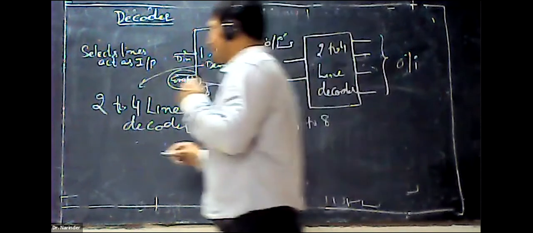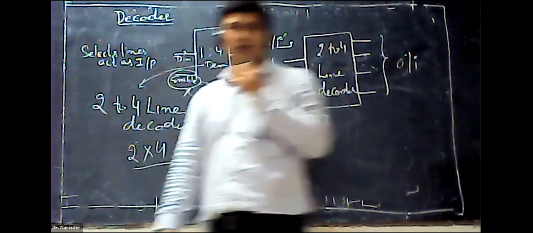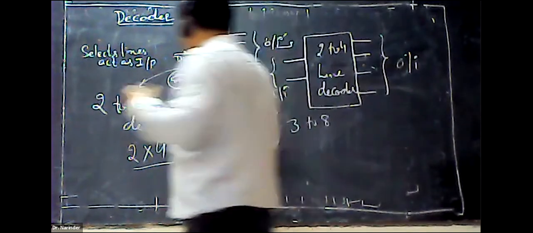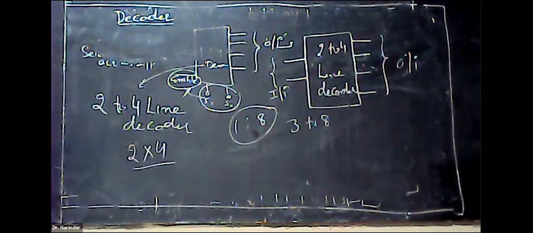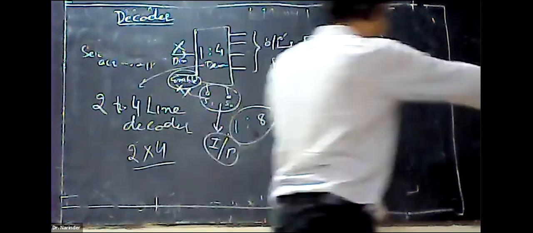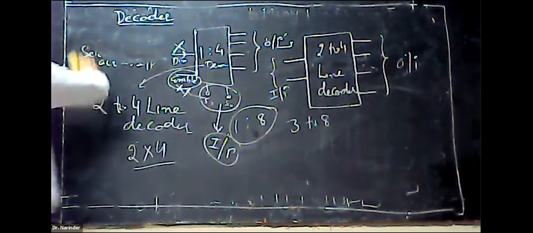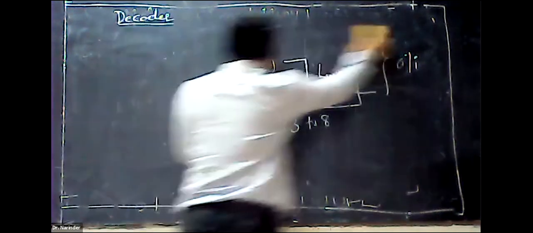And some books also say 2 cross 4 decoder, 3 into 8 decoder. Now, if we have to implement a circuit, we also adopt the identical way as we have done in the demultiplexer. Now we will design the circuit diagram of this 2 to 4 line decoder. First of all, draw its truth table.